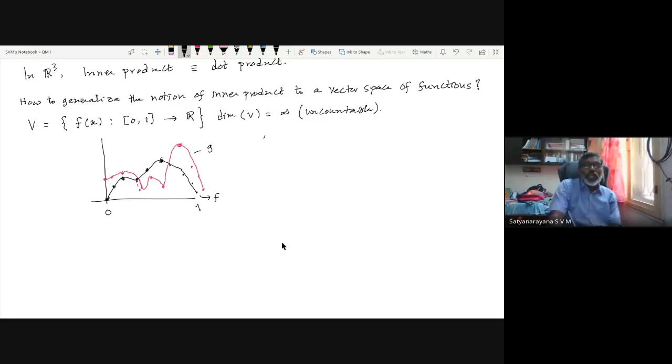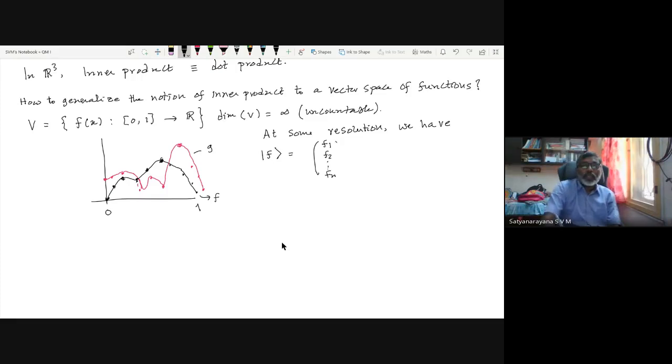So at some resolution, we have f, which can be written as f1, f2, etc., up to fn.